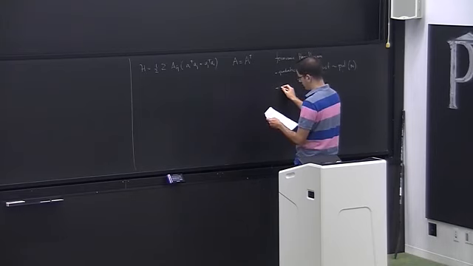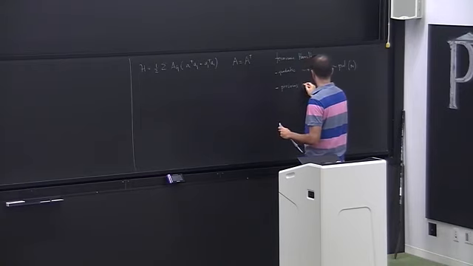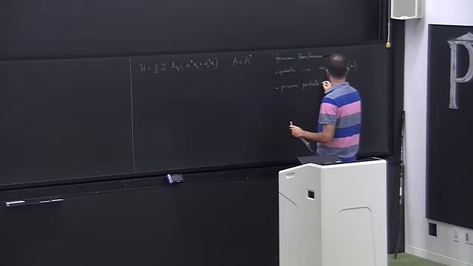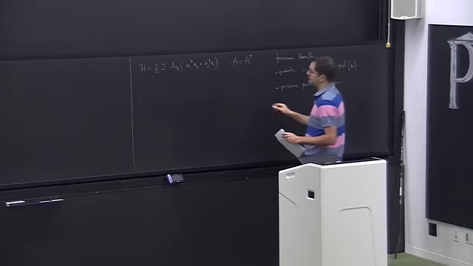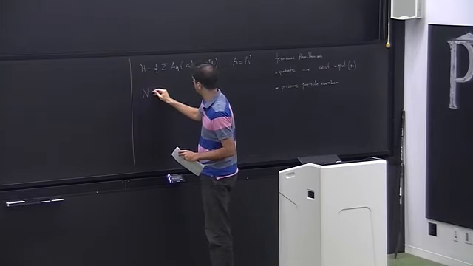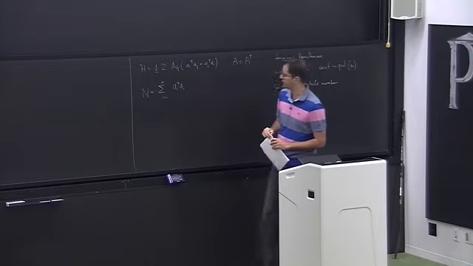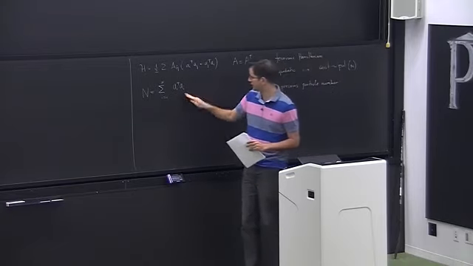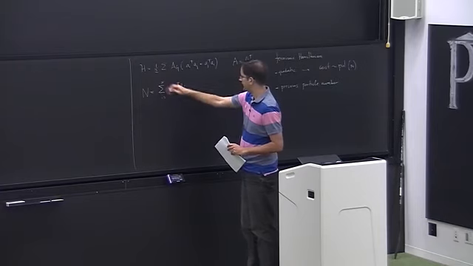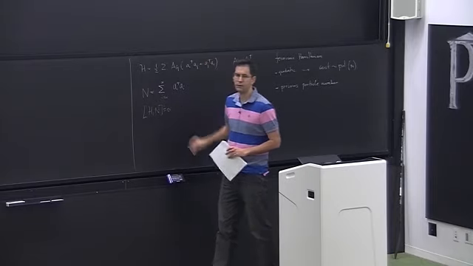It conserves particle number. What I mean by this is that if we define a particle number operator as given by, again, a sum of bilinear terms, then it turns out that you can check that this Hamiltonian commutes with the particle number operator, okay?